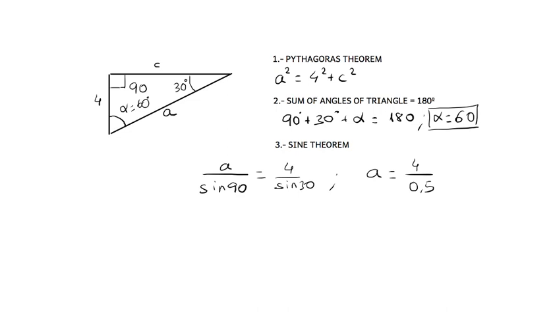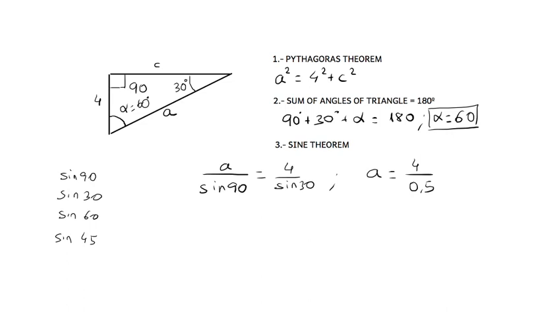There are some remarkable angles whose sine and cosine we should know, like for example sine of 90, sine 30, 60, 45, and a few more, okay?